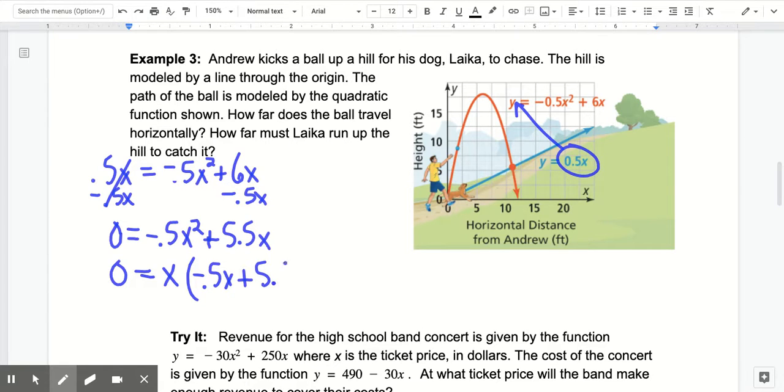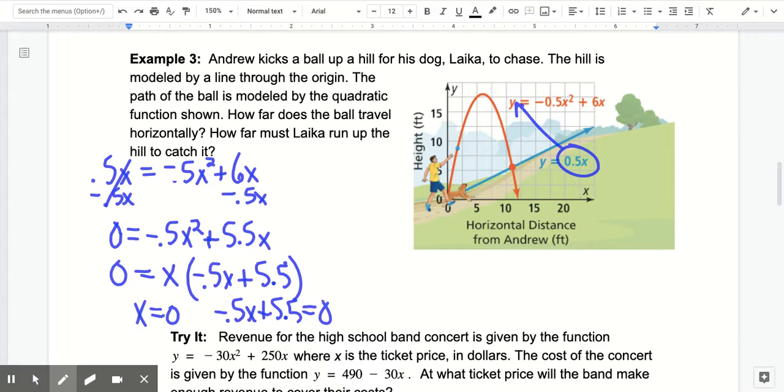And then we're going to set both of those equal to 0. So either x equals 0 or negative 0.5x plus 5.5 equals 0. I should have written this somewhere else, I can't fit it.